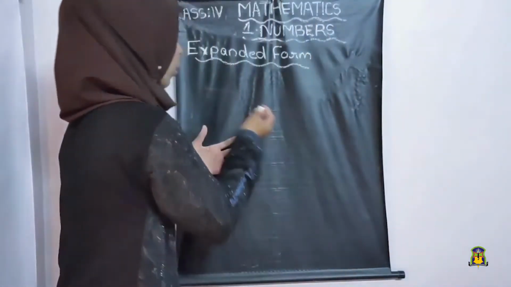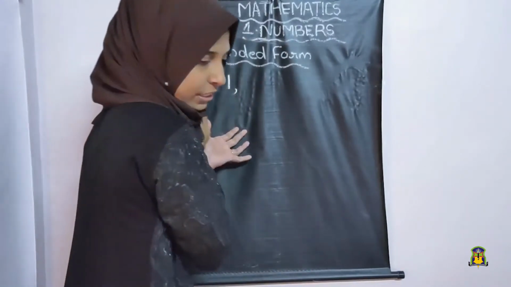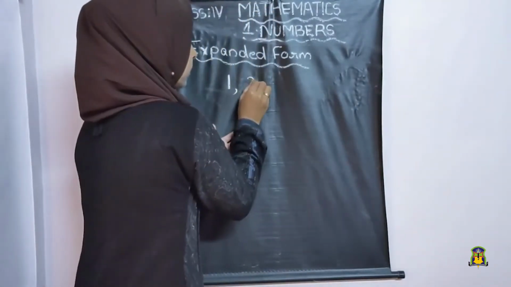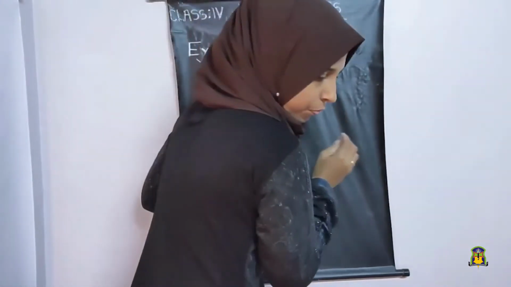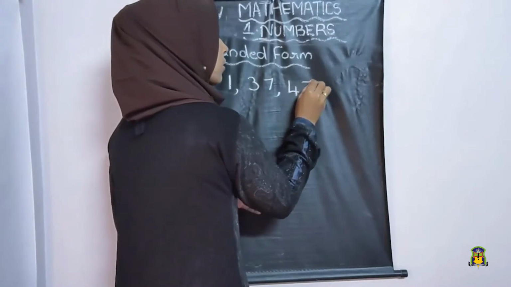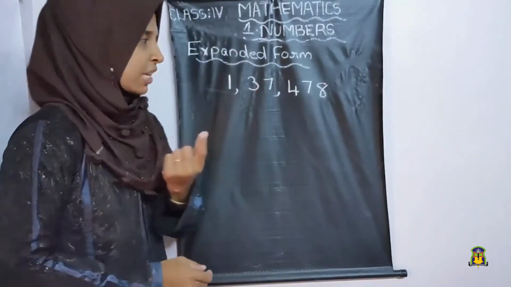Okay, now I am going to write a 6-digit number: 1,37,478. How many digits are there? This is a 6-digit number.